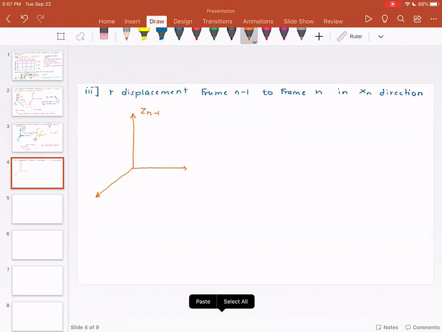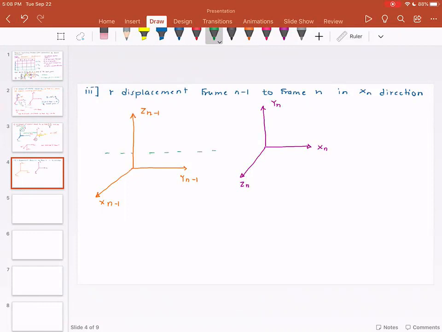Xn minus 1, yn minus 1, zn minus 1. And then you have this other frame. And please note, these are the distances. So these are not rotations. So I'm going to say yn, xn, zn. And let's first find out what is the xn direction. Xn direction is this direction.